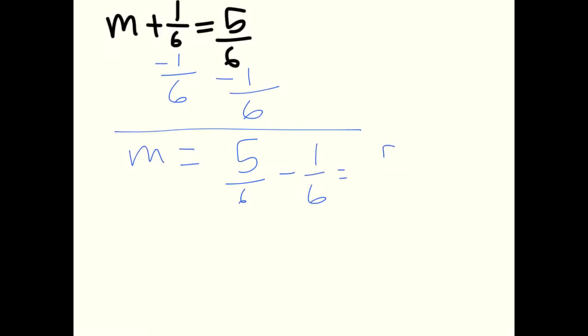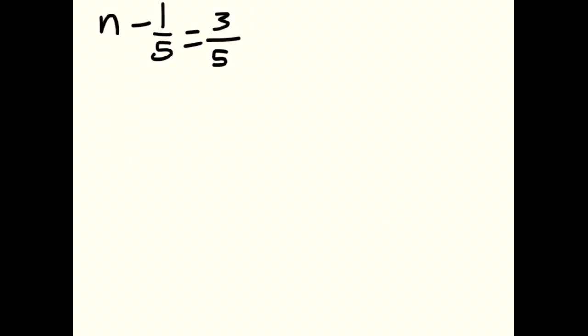Then you do 5 minus 1. 5 minus 1 is 4. 6. And then you get 4/6. So m equals 4/6.